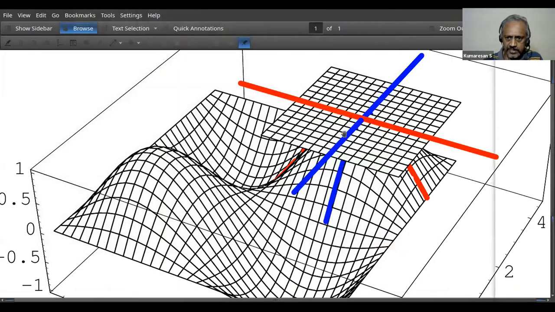On the surface, if you move around this point below the tangent plane, then the distance between the point on the graph and this tangent plane will be negligible. The error is very small and we have control over that error. That's what the differentiability definition tells us.